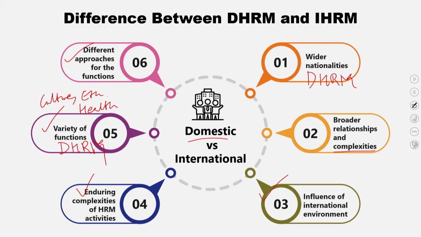The DHRM only has to deal with nationals of one country, which is not the case with IHRM. The scope of HRM activities is limited in DHRM, but please note, the range of HRM activities is widened as you are looking into IHRM and multinationals included in that. So the approach of HRM functions is limited in DHRM as it only involves activities carried out in one country, whereas that's not the case in IHRM.